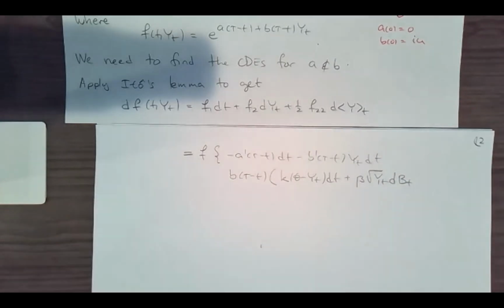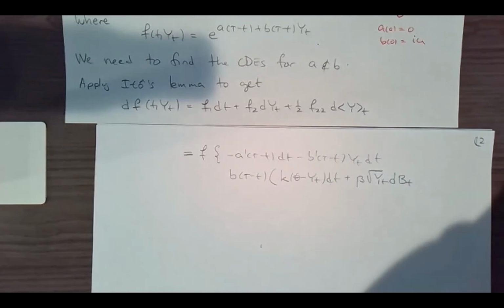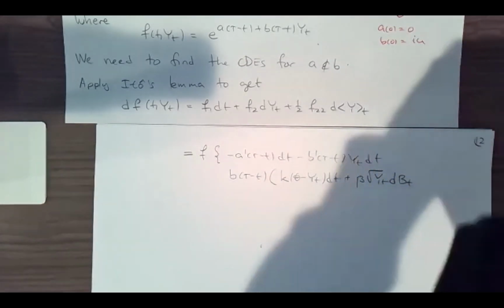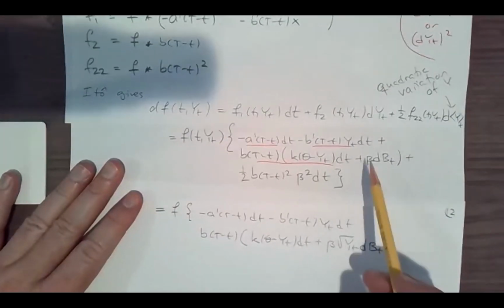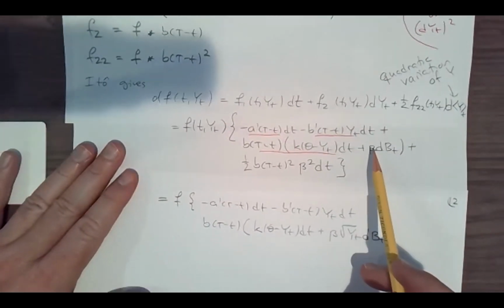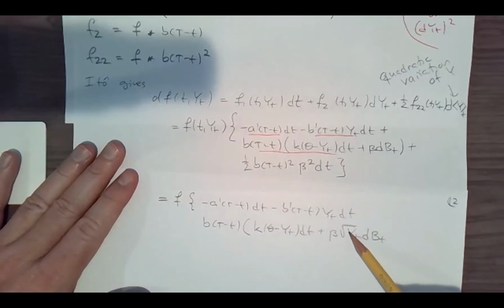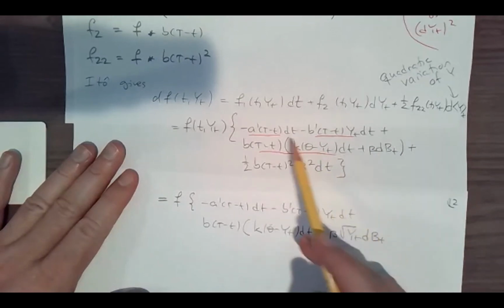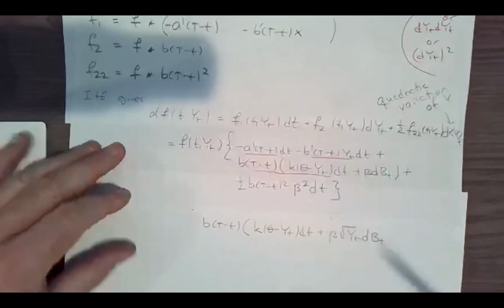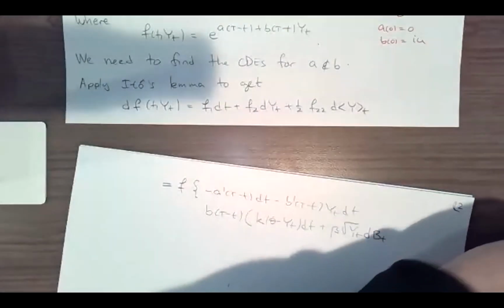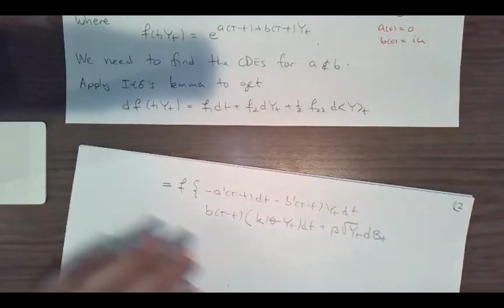And if you go back and look, this is quite similar to what we just did, except there was just a beta here, and now there's a square root. The drift is the same. These terms we had before, those are the same. And then we get the quadratic variation, and that's going to change too. So that square root term here, this is a difference.